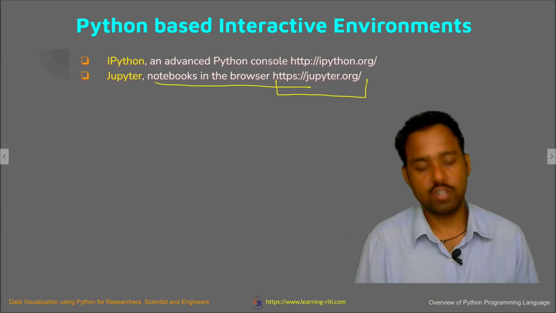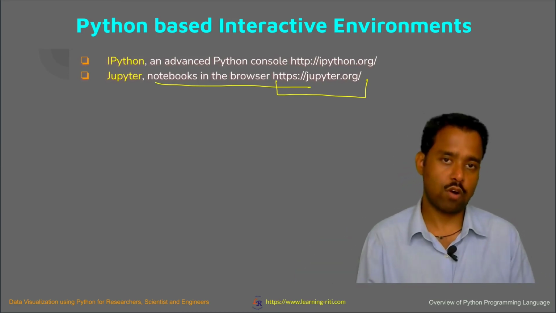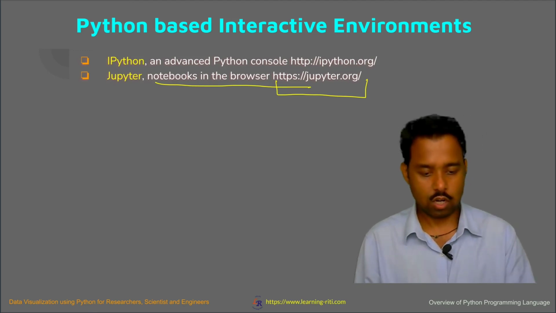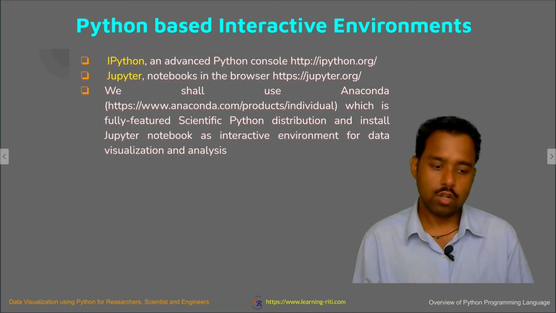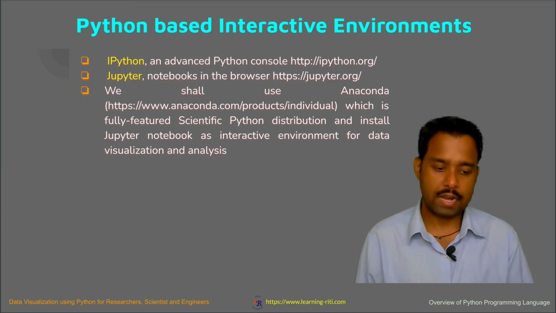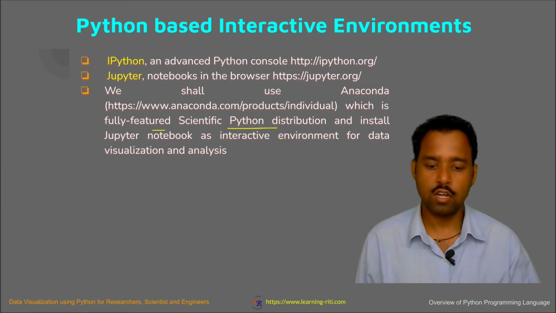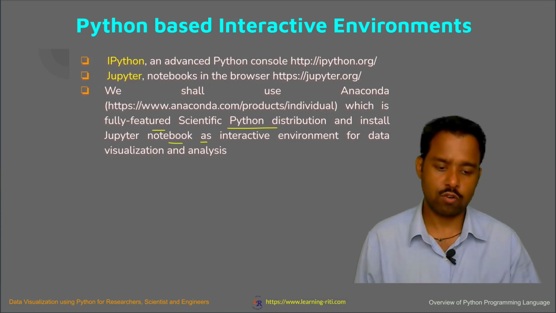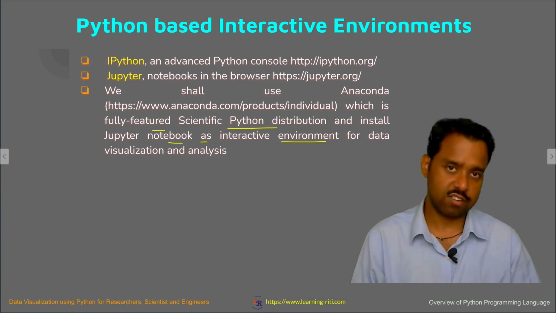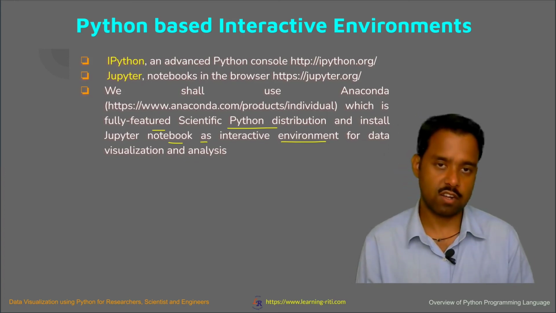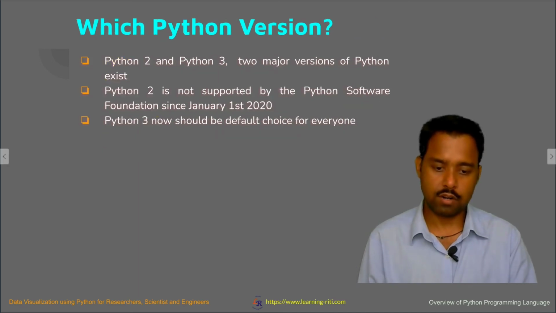We'll learn more about installation and how you are going to perform interactive visualization and data handling with this. For the Python package, we are going to use Anaconda, a fully featured scientific Python distribution, and we'll install the Jupyter notebook as an interactive environment for data visualization and analysis, and see how to utilize it and perform interactive data analysis.